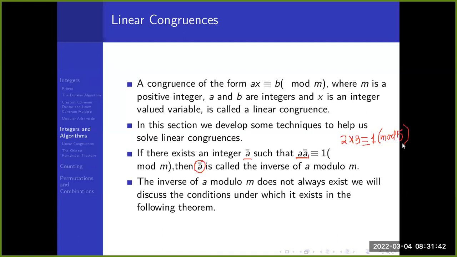You can see that. Because of this, now I can say 2 is the inverse of 3 modulo 5. I can also say 3 is the inverse of 2 modulo 5, because I found some number which, when multiplied by 2, this congruence is satisfied. 2 times 3 will be congruent to 1 modulo 5.